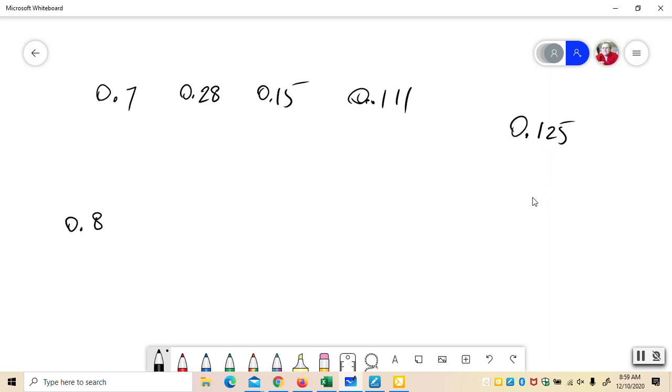Okay. So just to use some examples, say you have 0.7, 0.28, 0.15, 0.8, 0.111, 0.125.